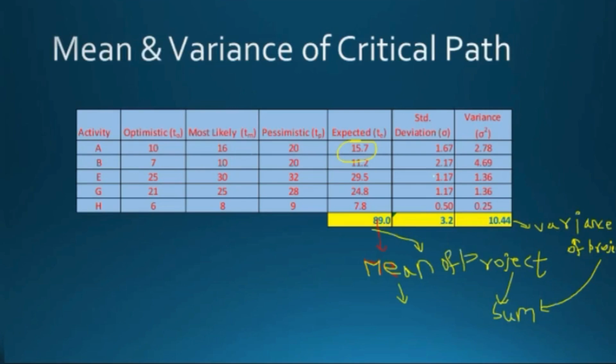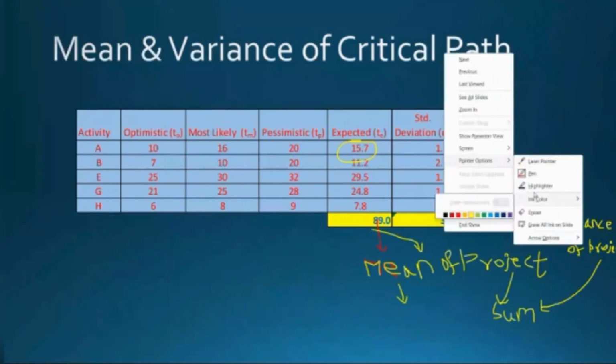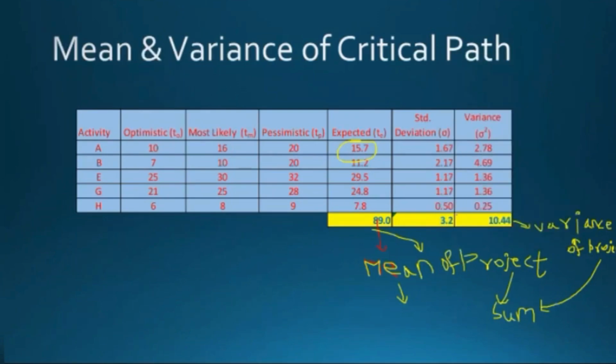So even though we have the standard deviation of individual activities, we should not add the values to get the standard deviation of the project, because the sum of the standard deviations is not in the statement. Only mean and variance are there. So how do we calculate the standard deviation of the project? We know that standard deviation is sigma and variance is sigma square.